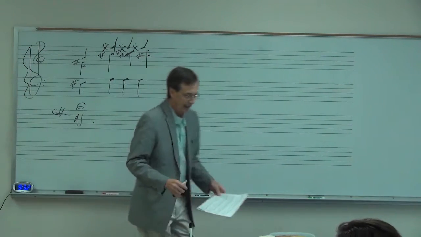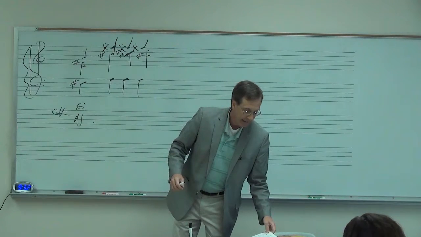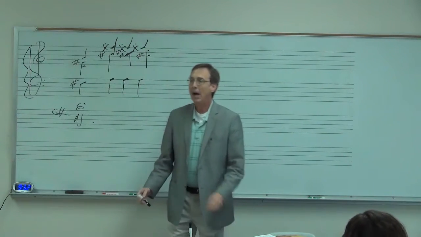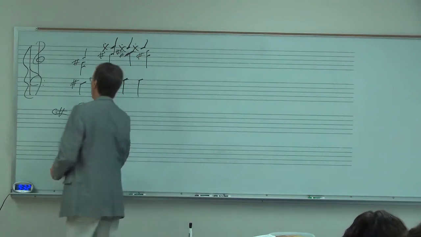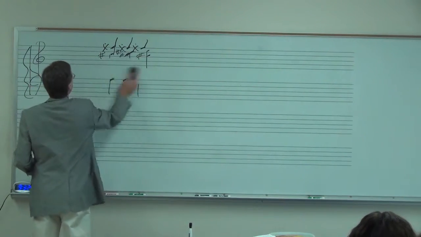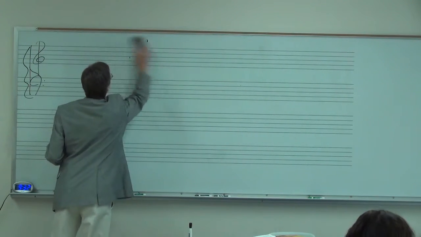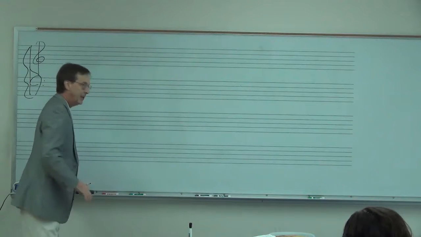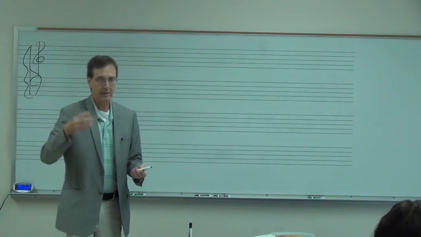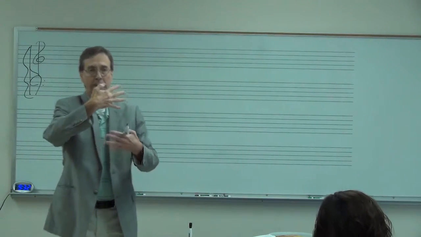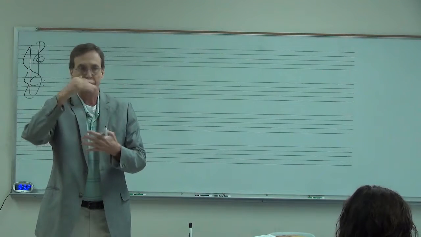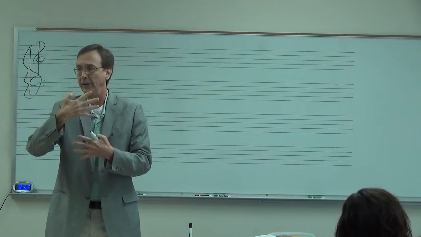Let's choose a key. B minor. Okay, so you can take that first example and get some staff paper. You'll need 10 lines, basically. One for the treble, one for the bass.